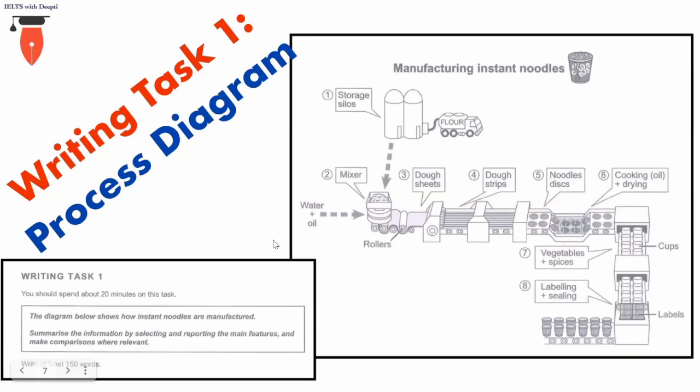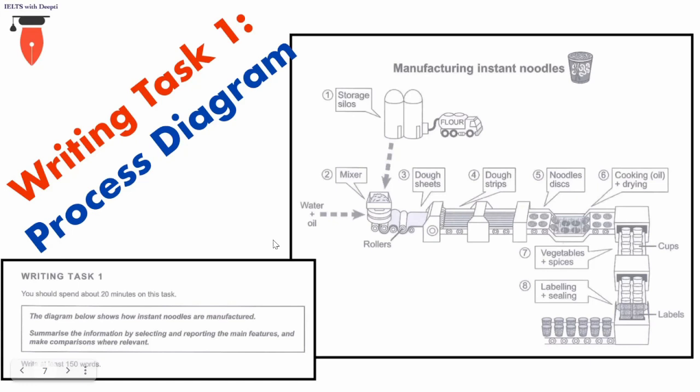So you have to write again the main features of how flour is stored in storage silos and then sent to the mixer where water and oil is added. And like this, you have to continue writing till you reach the output or the final product that you get from this particular process diagram.